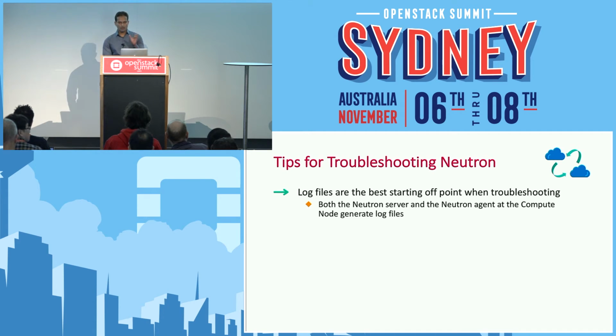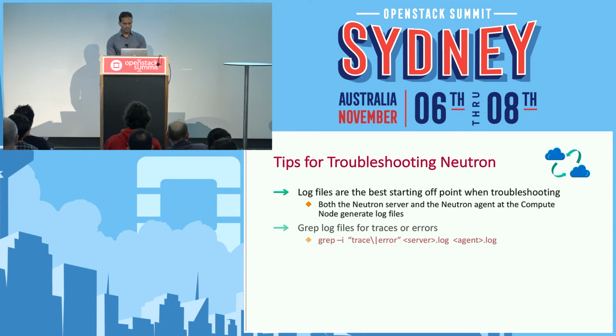You can also turn on debug equals true in Neutron's configuration file, and that will generate a lot of logs, and you can understand the detailed inner workings of Neutron and all the calls that it makes. Assuming that you don't have a log analytics engine, a simple way to look through the logs is to search for traces or errors.